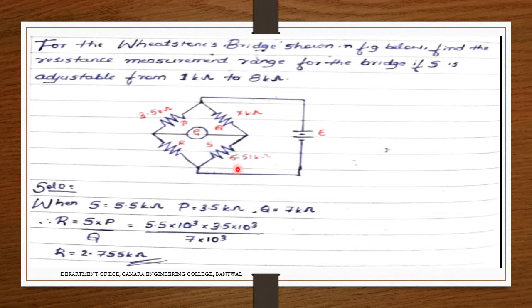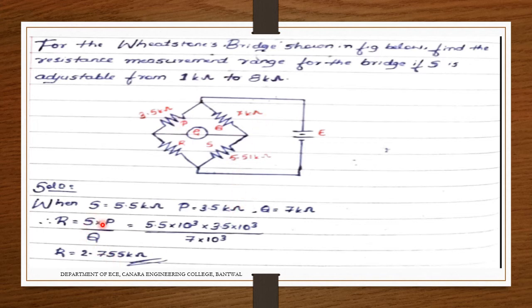S is equal to 5.51 kilo ohms, so that is connected to E. We need to find the actual value. So S is equal to 5.51 kilo ohm, P is equal to 3.5 kilo and Q is equal to 7 kilo.